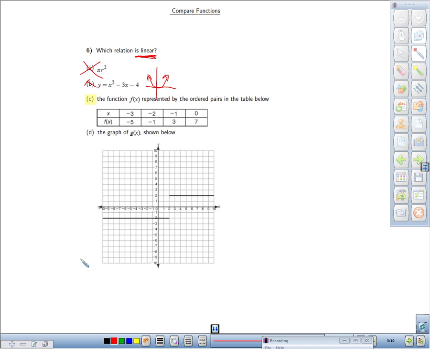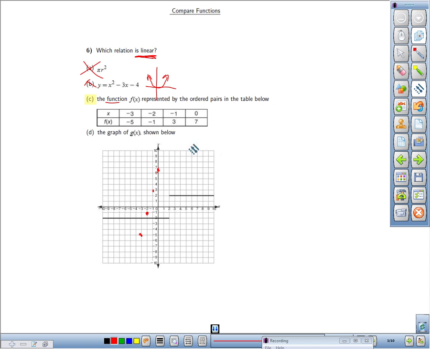Now, you have options. Notice that each input matches up with 1 output. So that means it is a function, but is it a linear function? So if you're not sure, and notice for D here, you do have a grid. Let's graph it real quick. So -3, -5 goes there. -2, -1 goes here. -1, 3, and 0, 7.